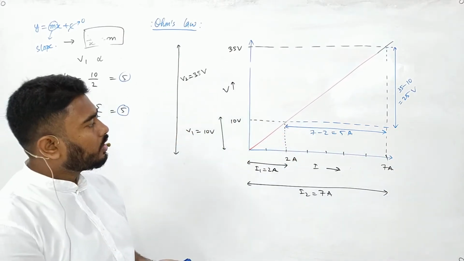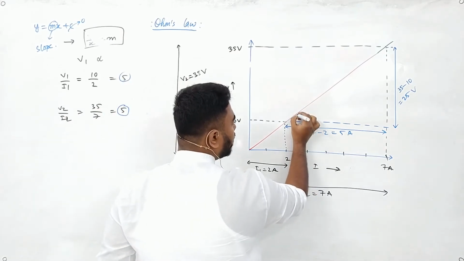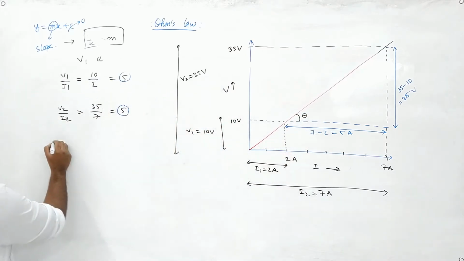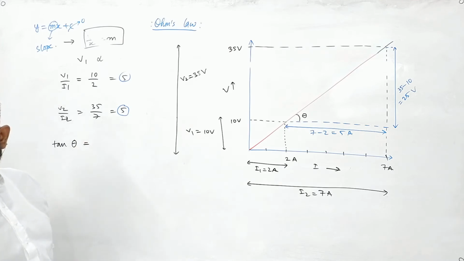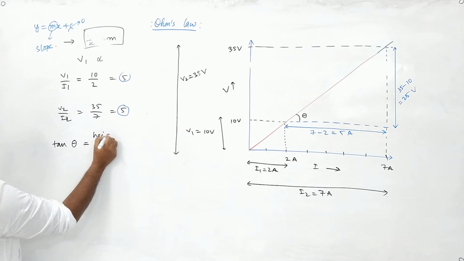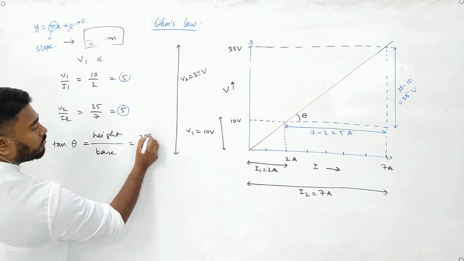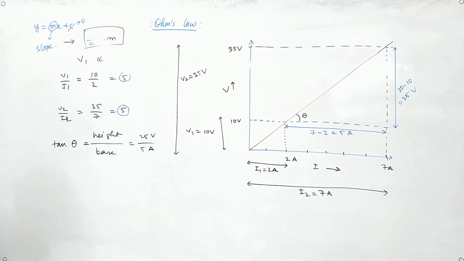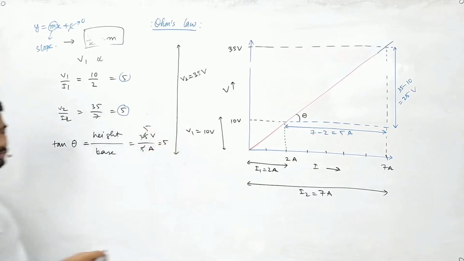Okay. We have learned trigonometry, right? So if I take this angle as theta, can you tell me what will be tangent of theta? Height by base, right? Okay, what is height? Height is 25 volt. What is base? 5 ampere, right? These are also coming as 5, right?